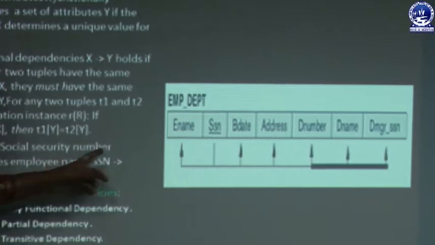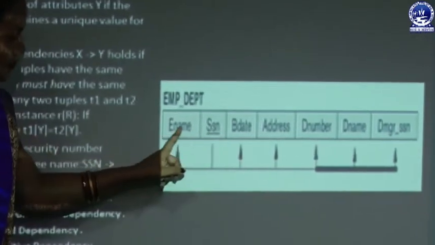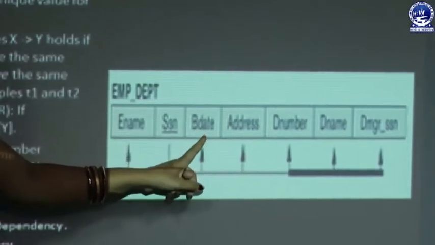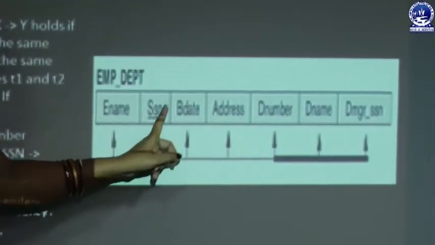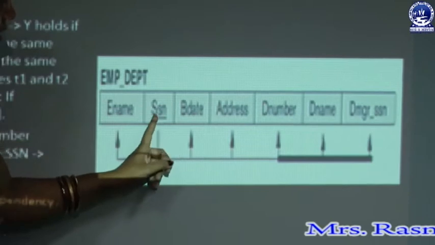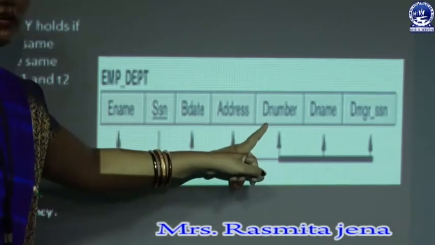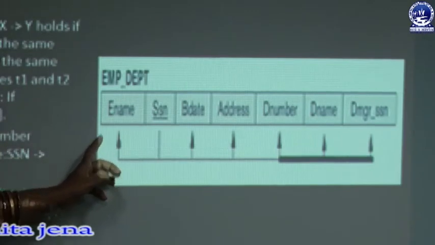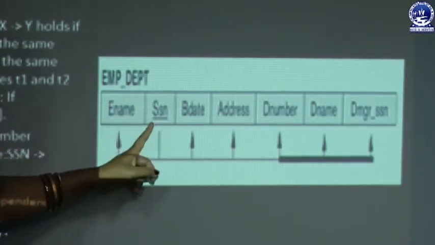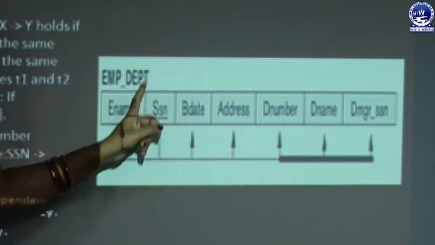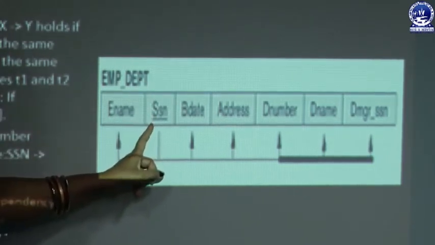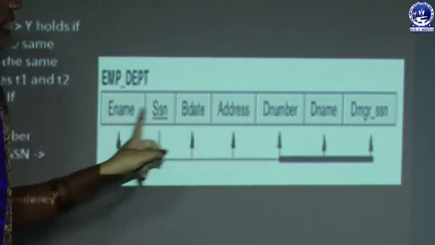We can see in the example how SSN determines the value of ename, SSN also determines the value of birth date, address, d number, d name and d manager SSN. So, we can say all the attributes except SSN functionally depend upon SSN, or SSN functionally determines the value of these attributes.